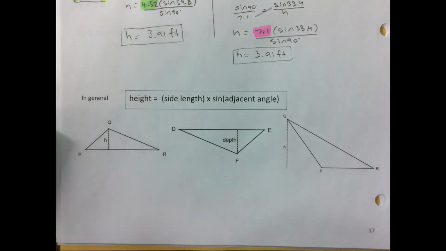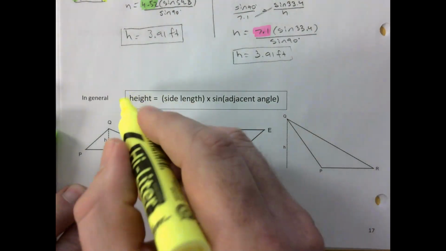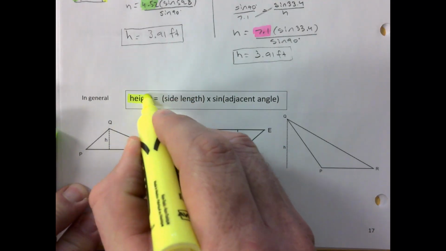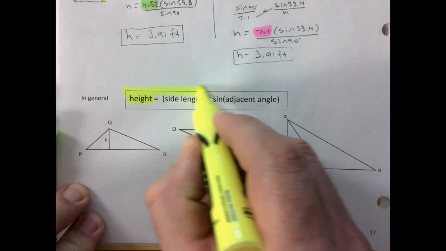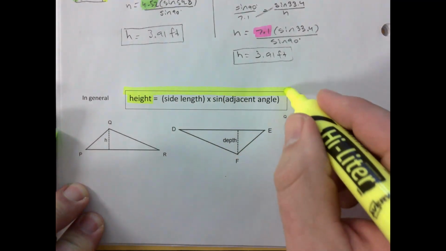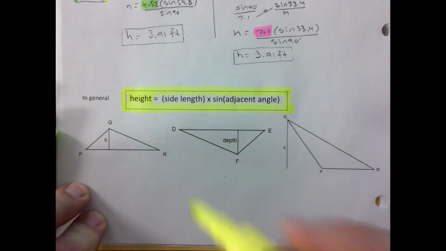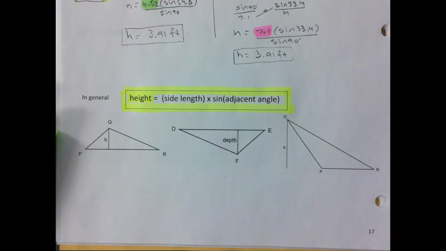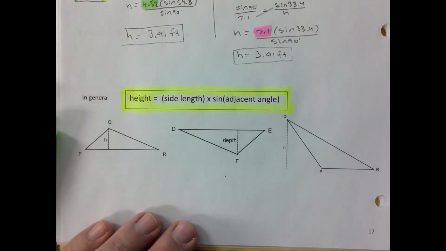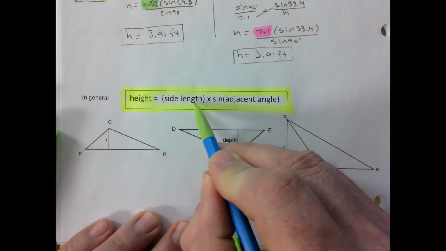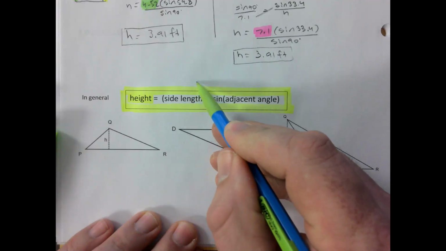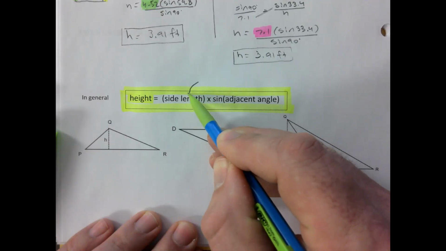So here is the short version for you. How do you find the height? You take the side. I'm going to rewrite this a little bit. Maybe side length, I'm going to put an arrow to that one.